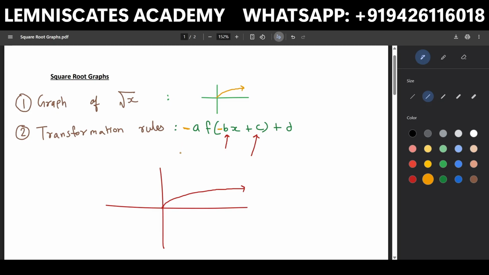If the minus sign is outside the function, it means that you are reflecting all the y values to the negative side. That is the reflection in the x-axis. If you are reflecting your y values, it is the reflection along the x-axis. And if you have a negative sign only inside, not outside, your graph is going to be reflected such that your x values are transferred to the left side.